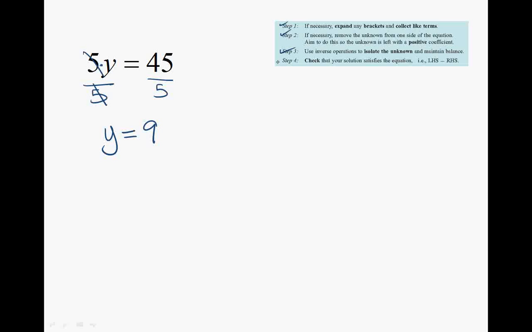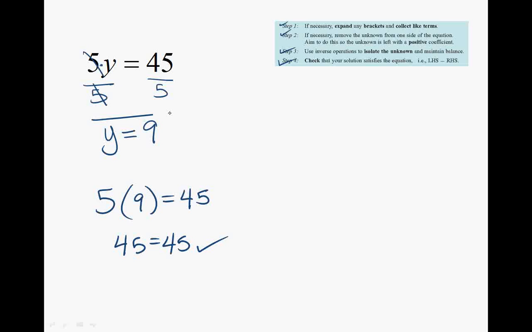And then step 4, check your solution. That would be 5 times 9 equals 45. Well, 5 times 9 does equal 45. So that checks, and our answer is in fact y equals 9.